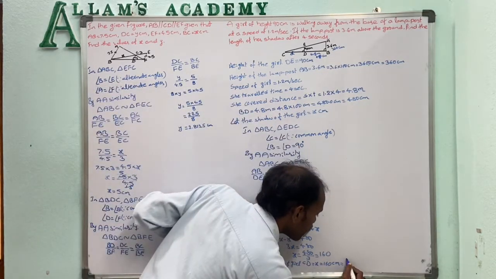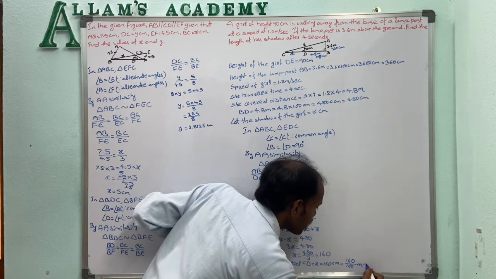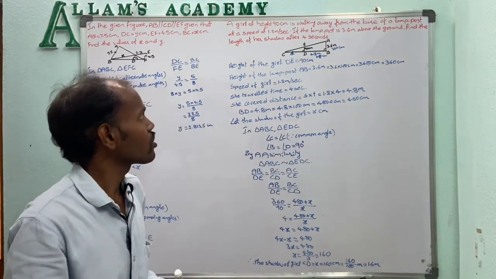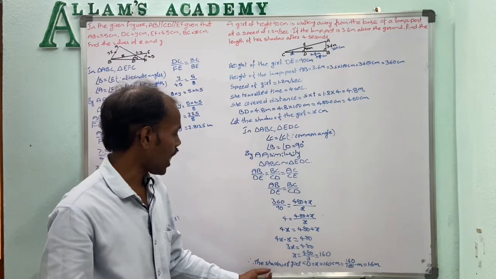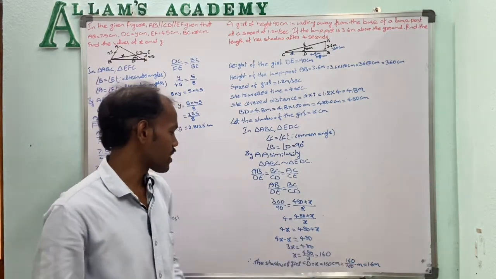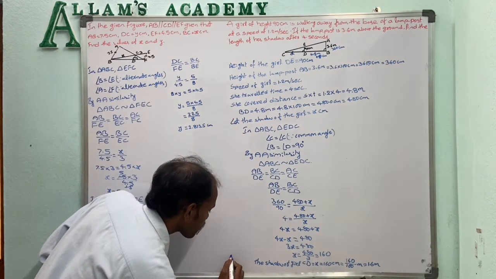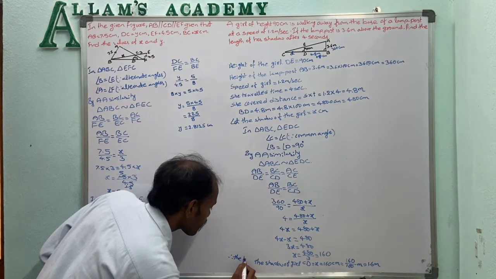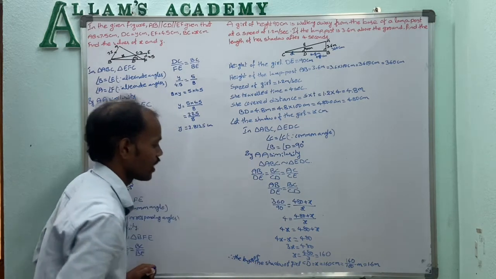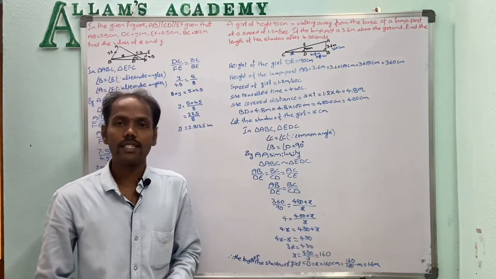We divide by 100. 160 by 100 meters is nothing but 1.6 meters. So the shadow length of girl child is 1.6 meters. So the length of the shadow of girl child is 1.6 meters.